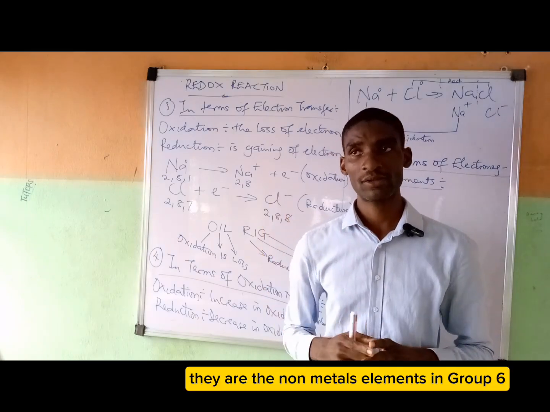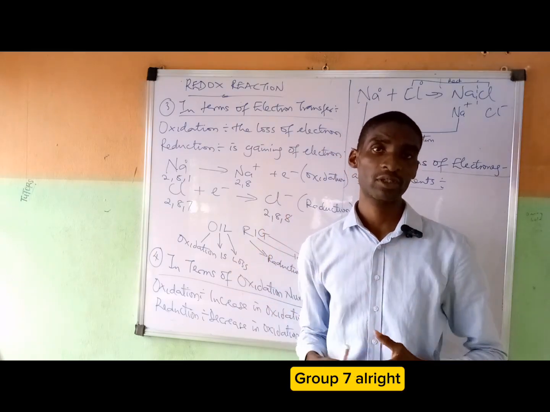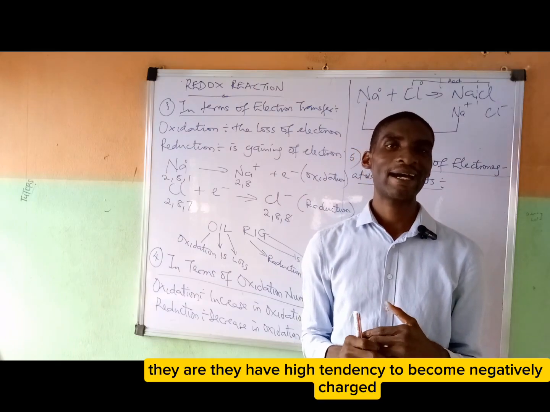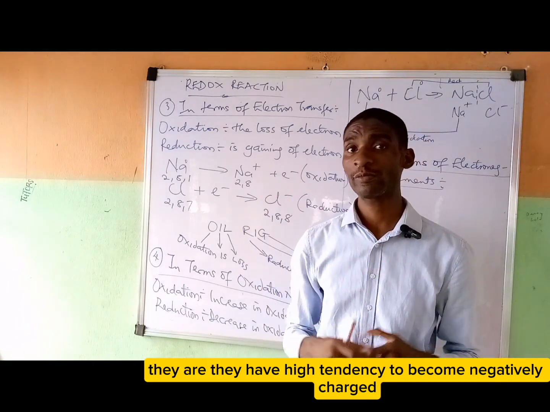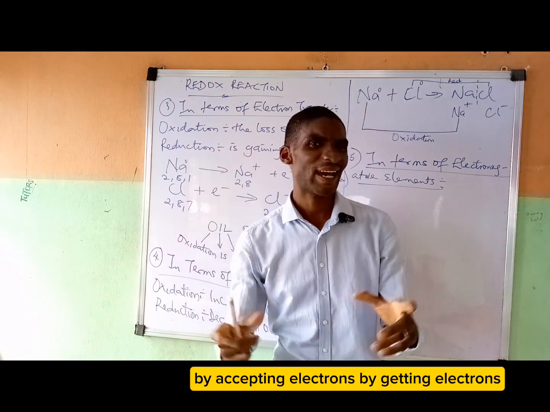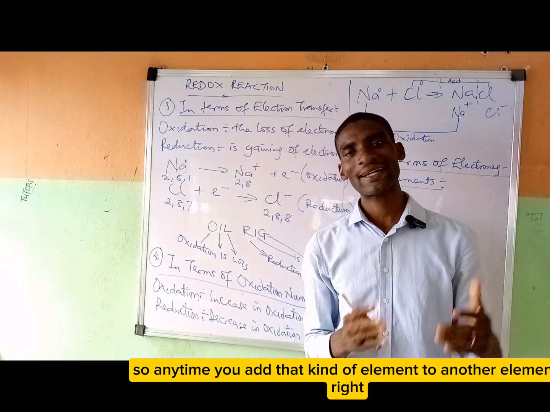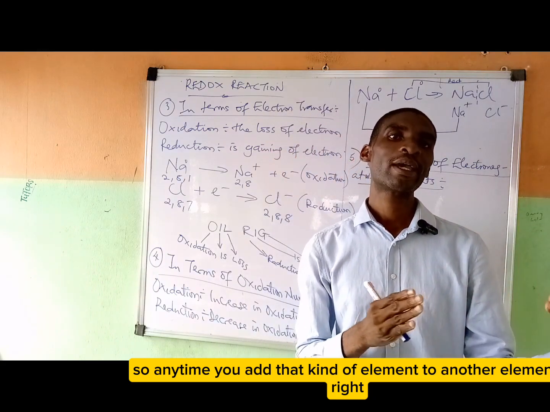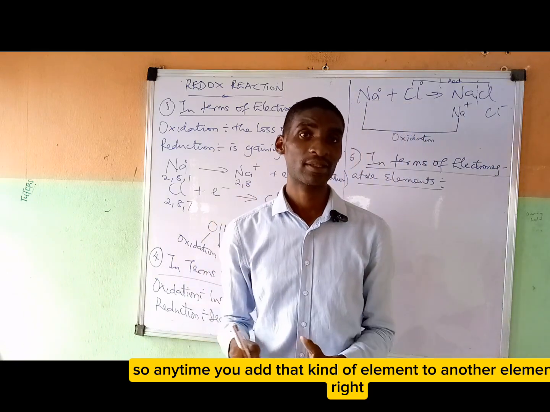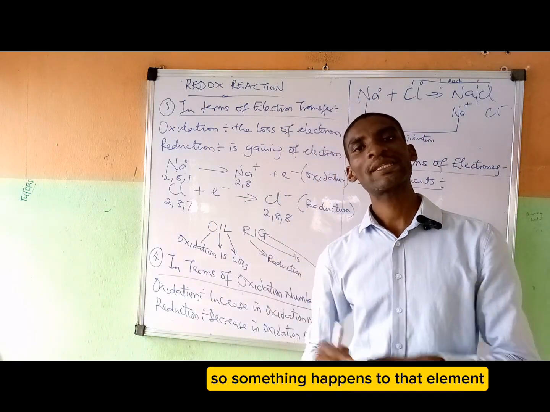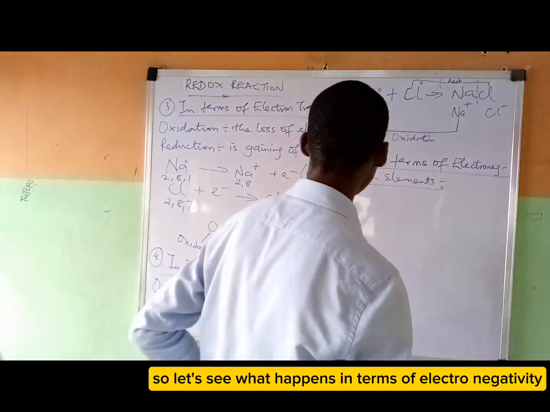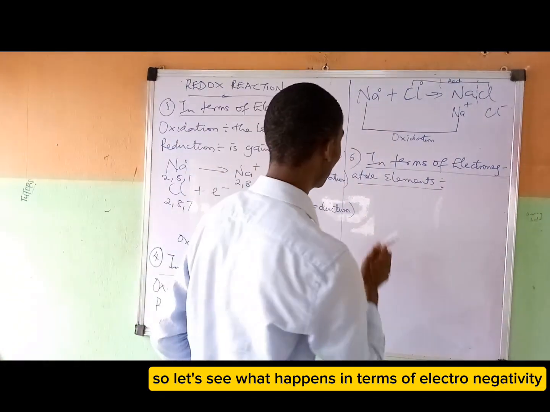They are the non-metals, elements in group 6 and group 7. They have a high tendency to become negatively charged by accepting electrons, by gaining electrons. So anytime you add that kind of element to another element, something happens to that element. So let's see what happens in terms of electronegativity.